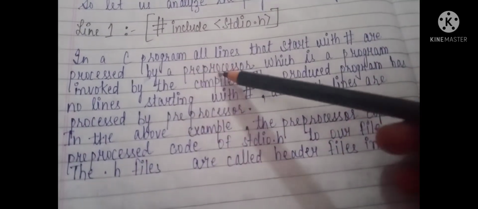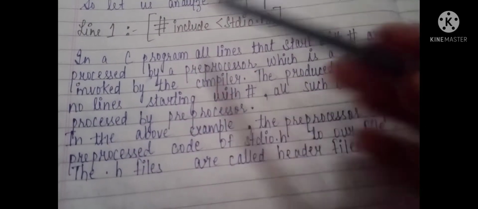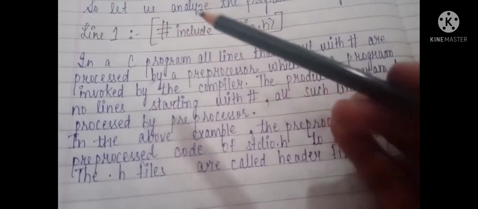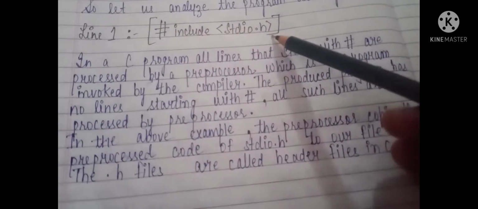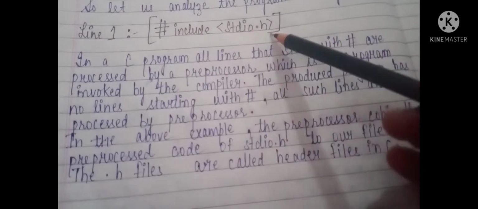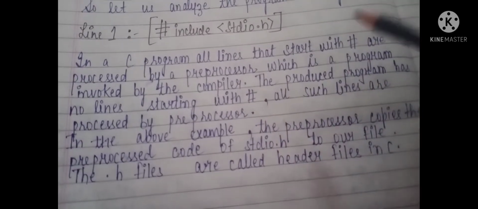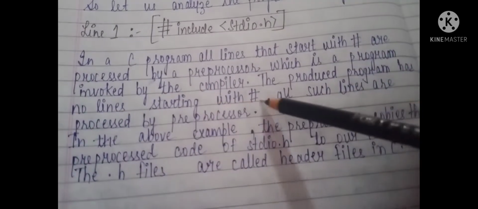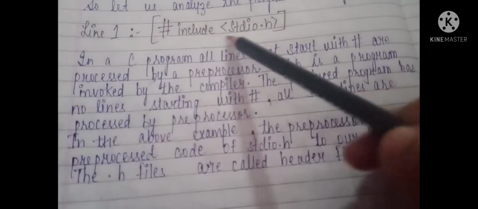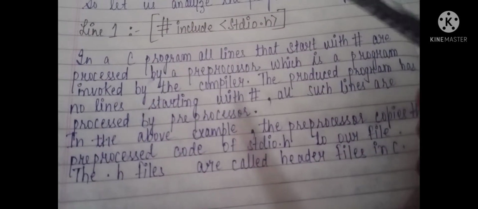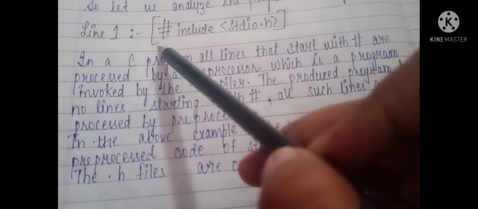So in a C program, all lines starting with hash are compulsory, and include is compulsory. The header will change sometimes in some cases. The produced program has no line starting with hash; in any program there is no line starting with hash after preprocessing.